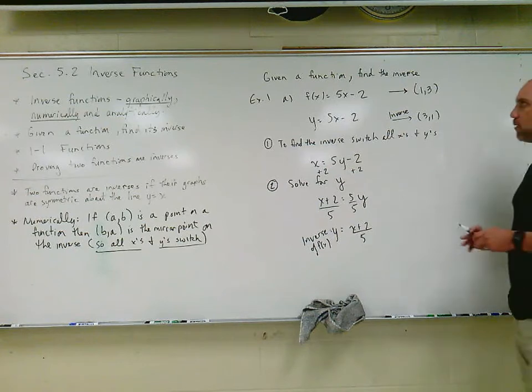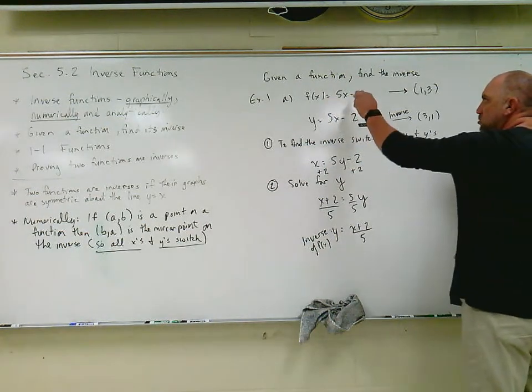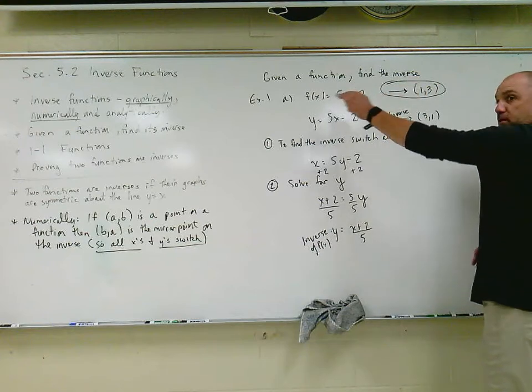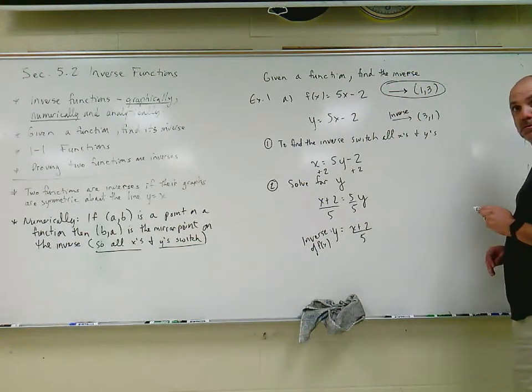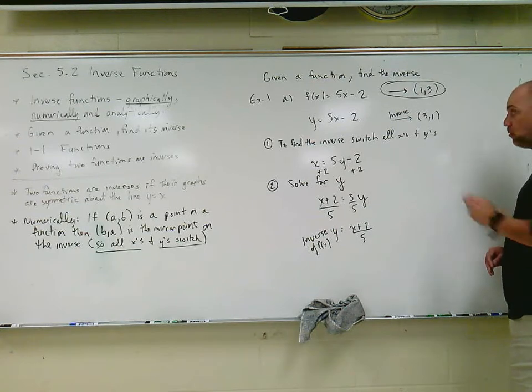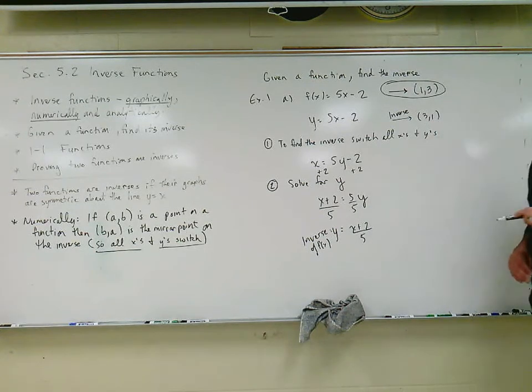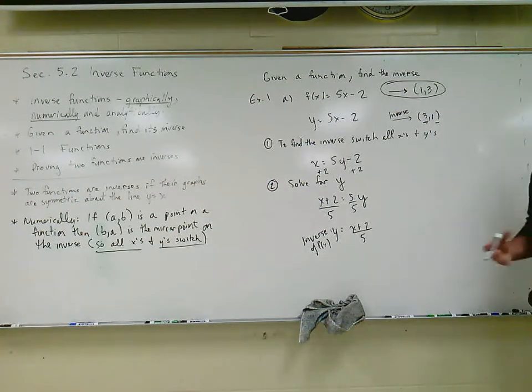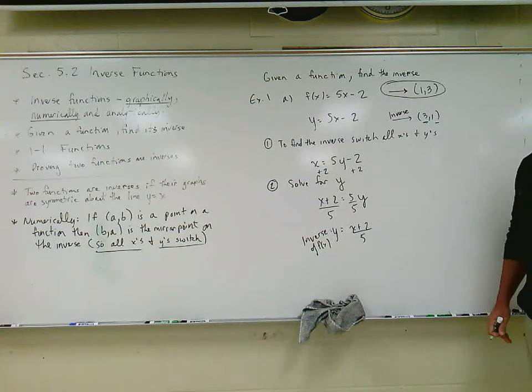Remember, Allison at the start said 1, 3 is a point on this original graph. So what should be a point on this graph? 3, 1, because 3, 1 is the flip of the points. So if we plug in a 3 for x, we should get a 1 for y. If we get that, we should feel pretty good that our work is correct.